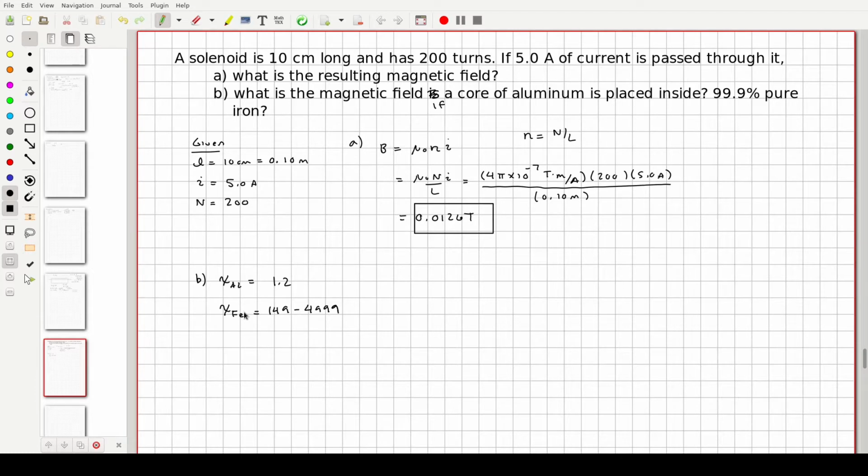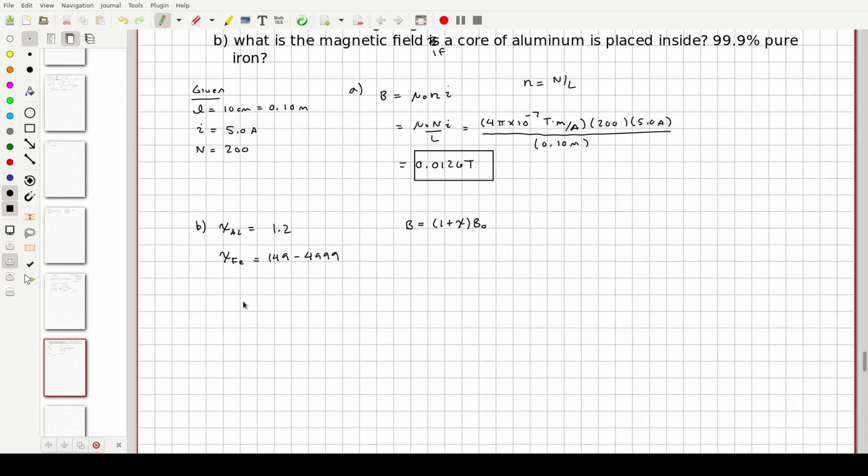So what we'll do with the iron one is we'll look at the upper and the lower bounds. And so remember, the relationship between the fields is that B is equal to 1 plus chi times the original field. This is just from a magnitude standpoint.